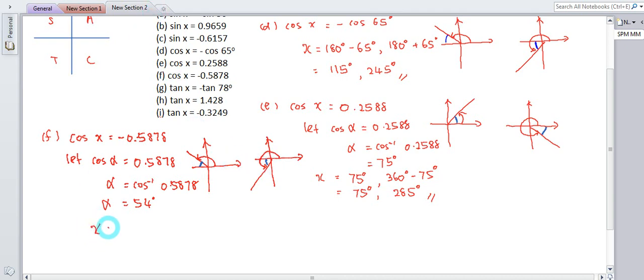So now, what is the value of x? 180 minus 54 degree or 180 plus 54 degree. So we know that x is 126 degree or 234 degree.